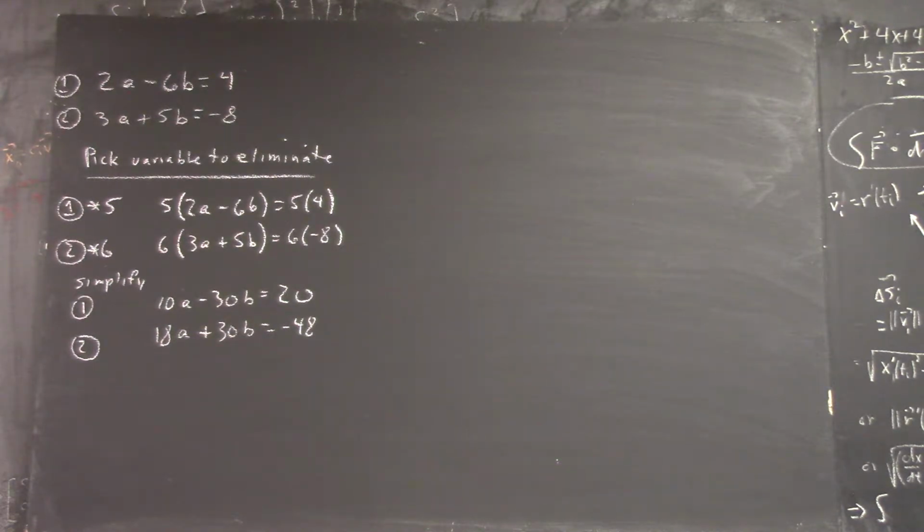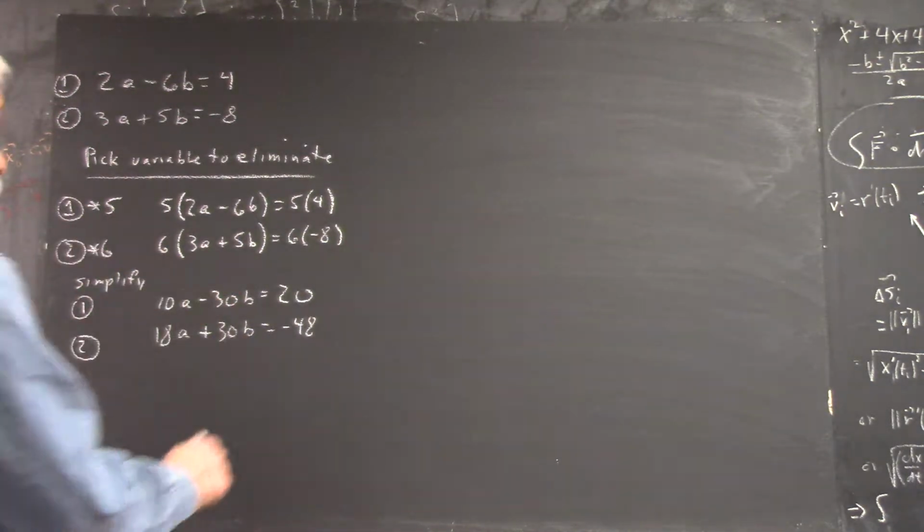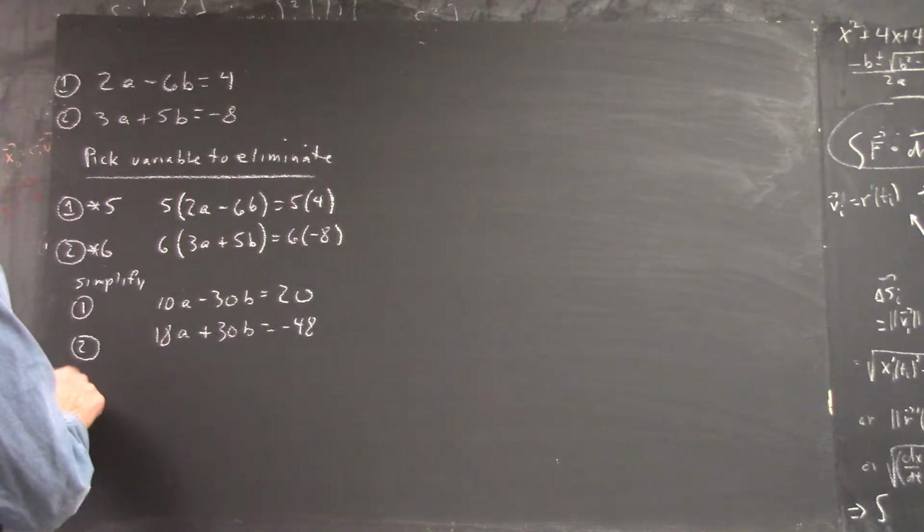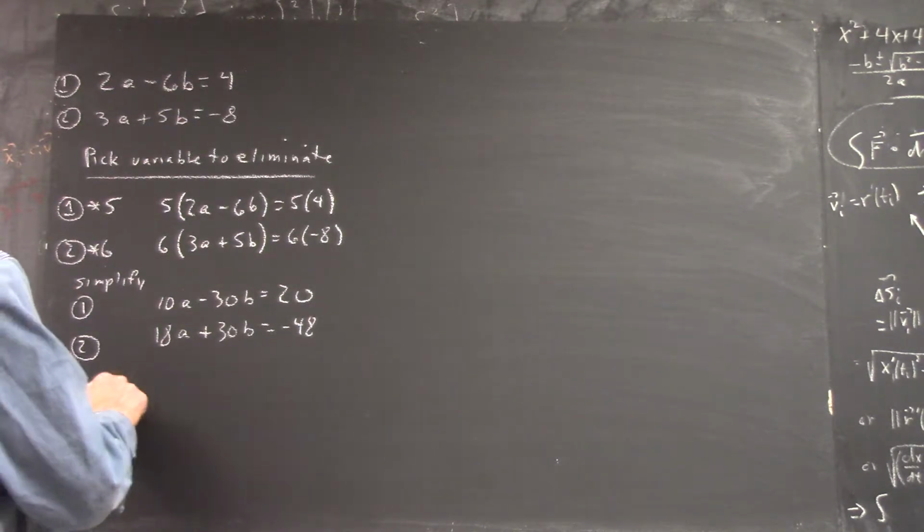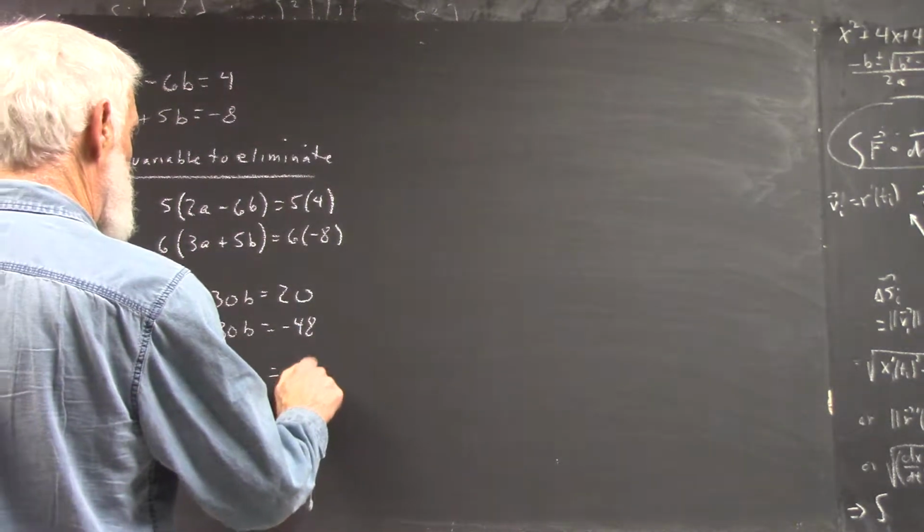Now, when I add the two equations, what do I get? Negative 18. On this side I get negative 18.